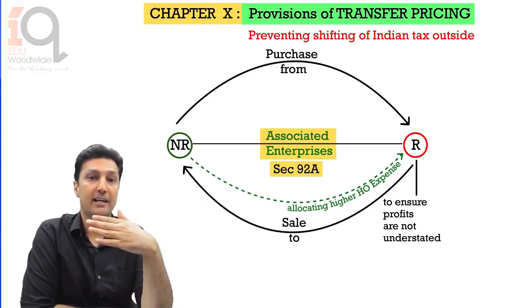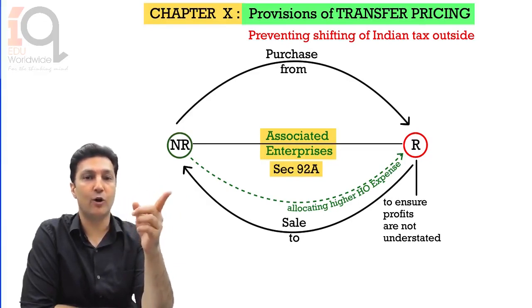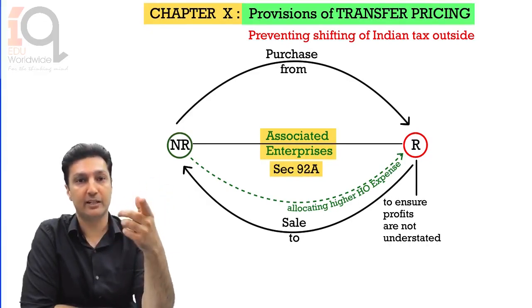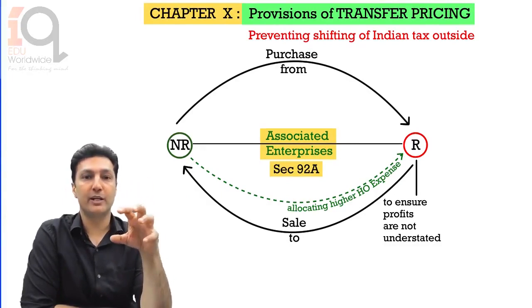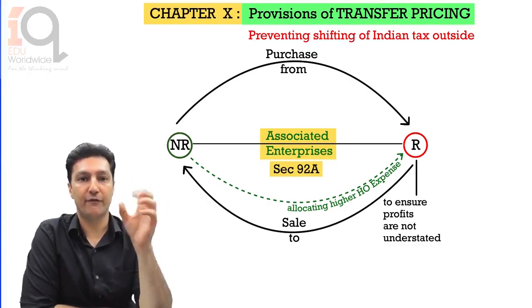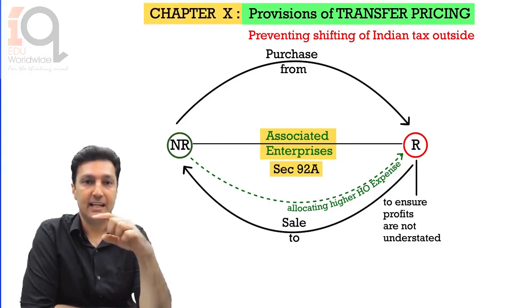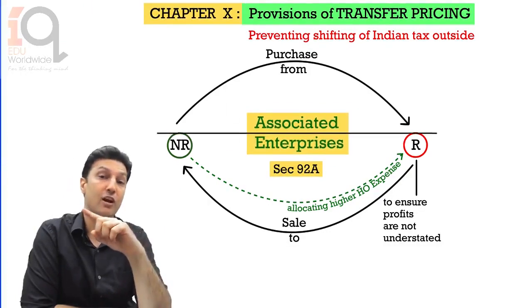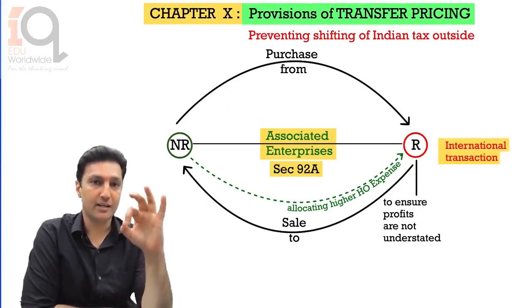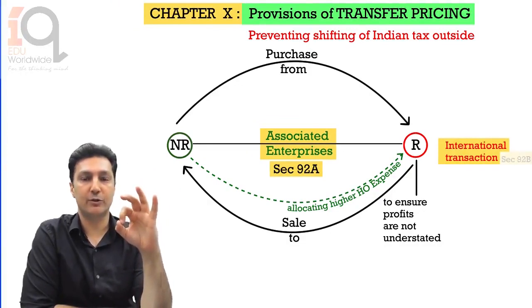So, by reducing the value of outgoings from India or increasing the value of incomings into India, or apportionment into India, they might manipulate the profits. What chapter 10 says is, in case of associated enterprises for an international transaction, what is an international transaction will be covered by 92B.